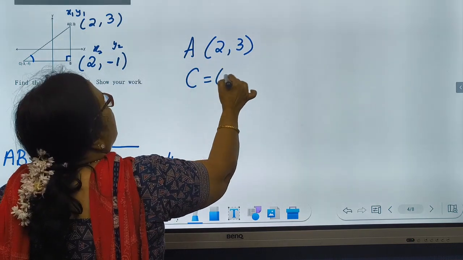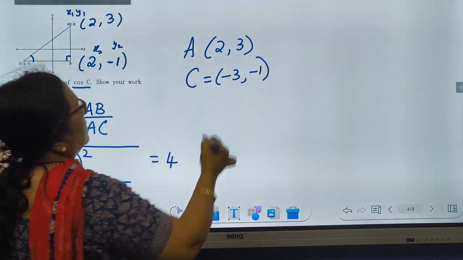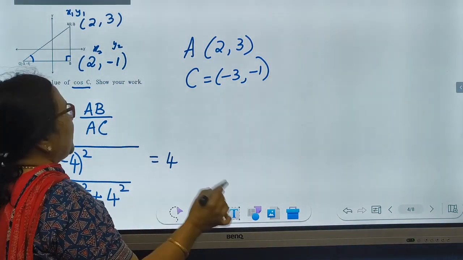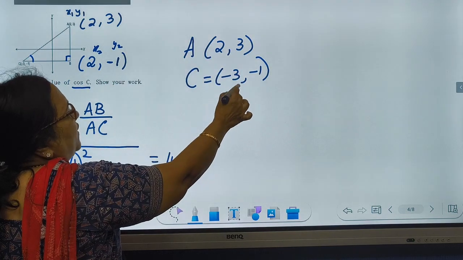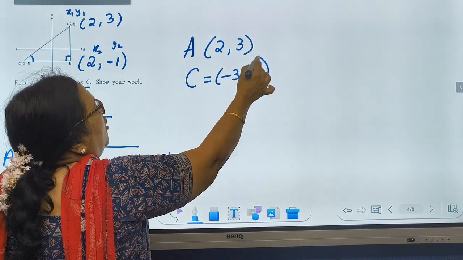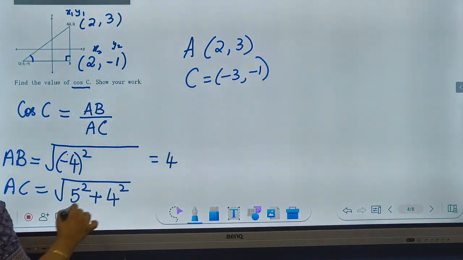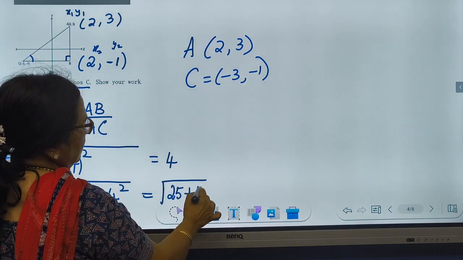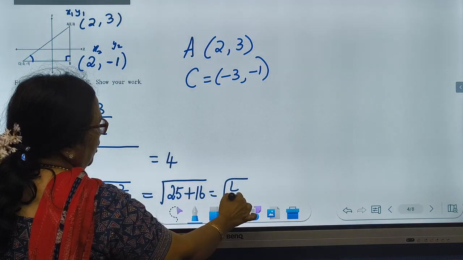C is -3, -1. So AC will be root of (x2 minus x1), 2 minus of -3, which is 5 square, plus 3 minus of -1, which is 4 square. Are you able to follow? So this will be root of 25 plus 16, which is root 41.